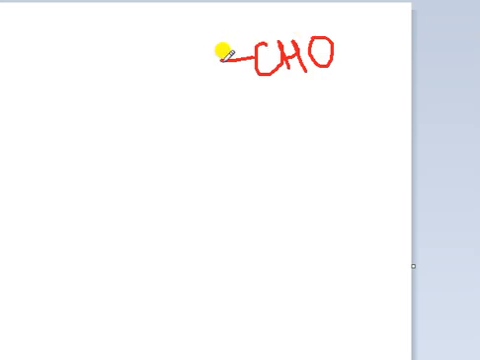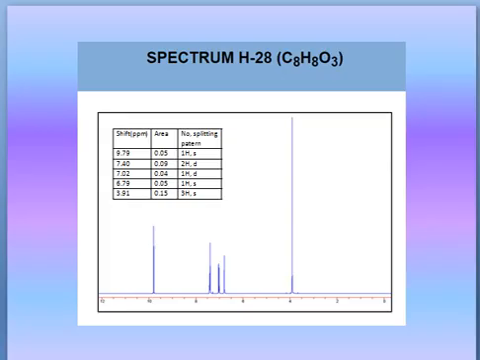Now we have written the CHO group. Let's see what other group we can find. There are 2 aromatic, 3 aromatic, and probably 4 aromatic. But first let's forget the aromatic group and take the singlet.